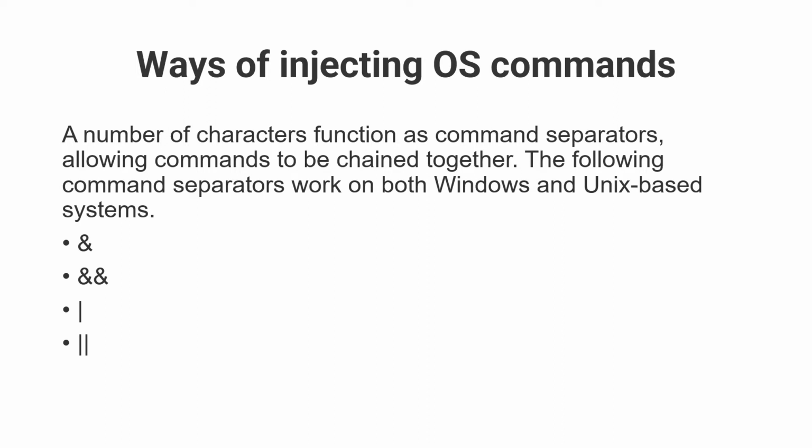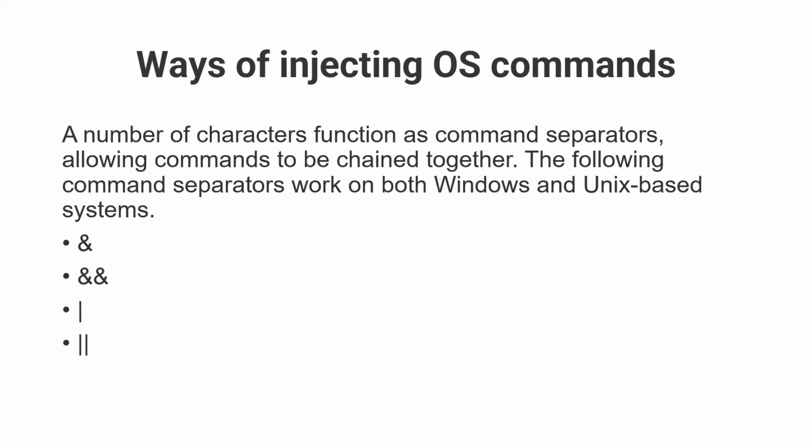Other command injection payloads include a ping command with a time delay, so that you can tell the command was executed based on the time the application takes to respond. For example, the command will take 10 seconds to run before a response.